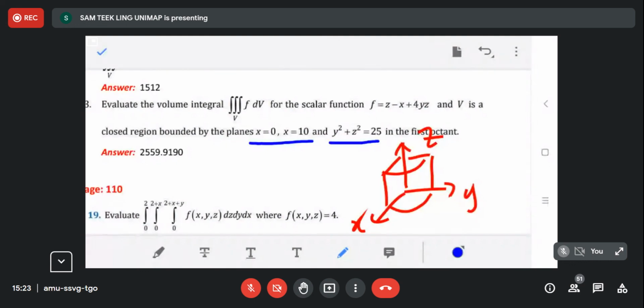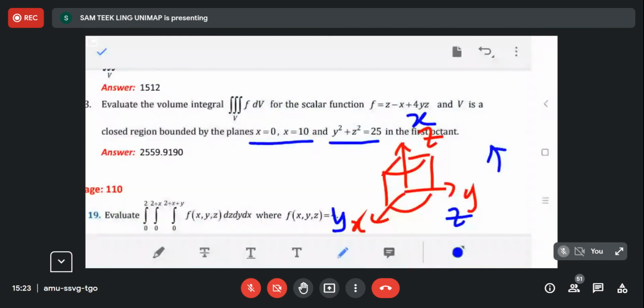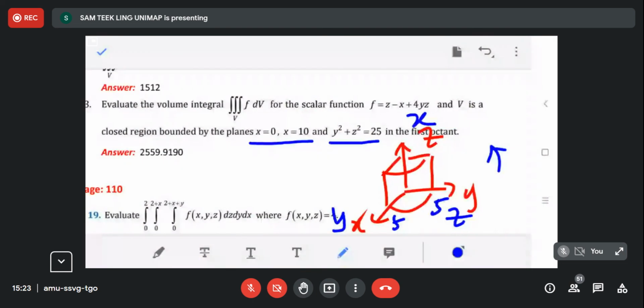So you can see X, Y, Z. If you change, this one is anti-clockwise. We know our X is a plane.